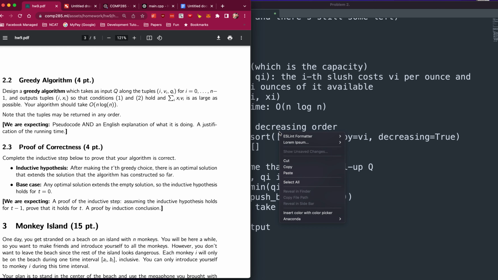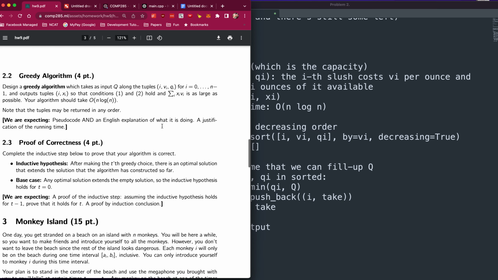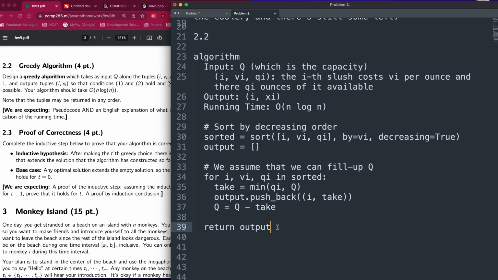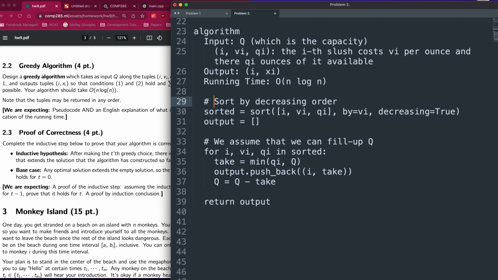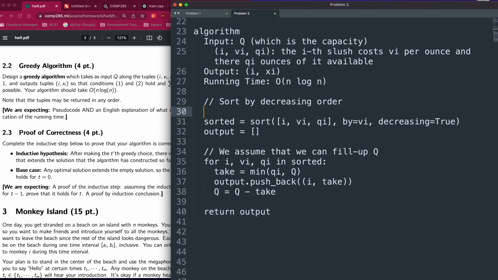The English explanation of what's going on, I just described it to you. Now we can talk about the running time. Sorting takes n log n, because there's n items here, and the fastest way we know to sort, assuming we know nothing else about the items, is n log n.